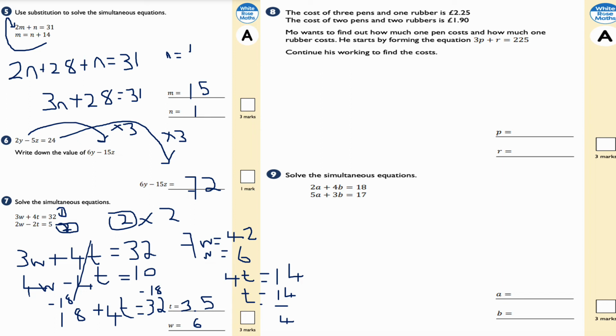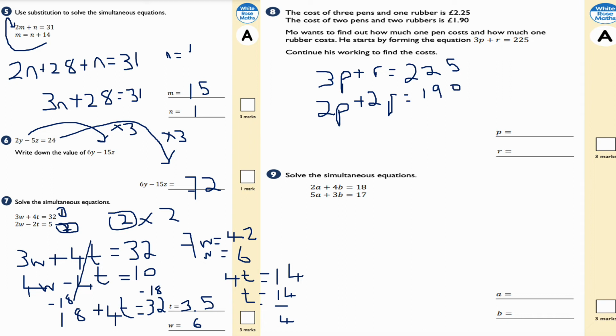Question number 8, guys. The cost of 3 pens and 1 rubber, so 3p plus r, is 225 pence. The cost of 2 pens and 2 rubbers is £1.90, or 190 pence.